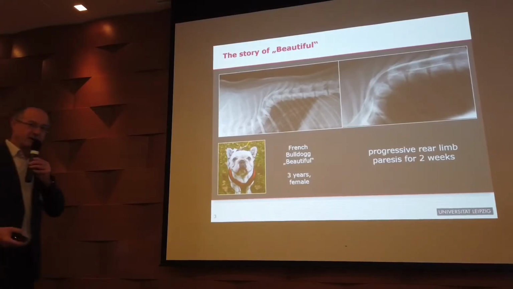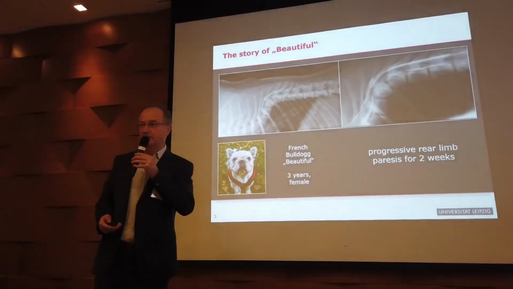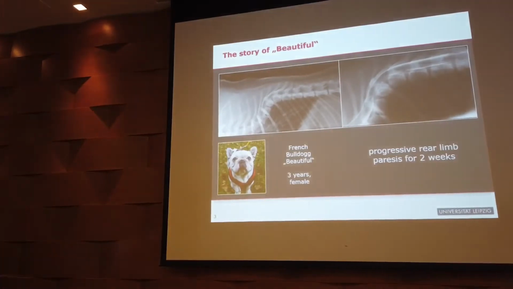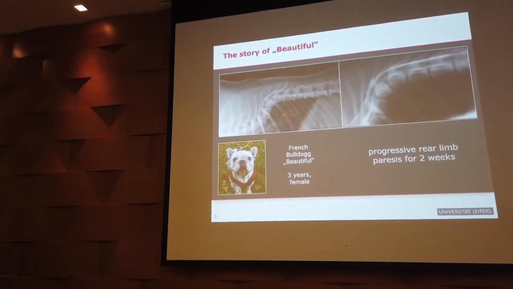And we were asked, if possible, to perform a surgery to correct that. It's quite common. If at all, it's a very difficult surgery. More importantly is something completely different.